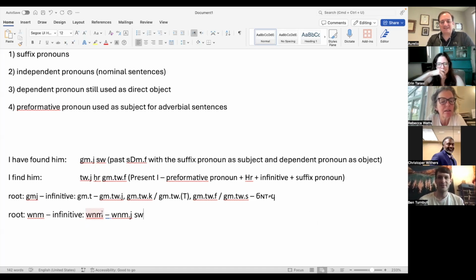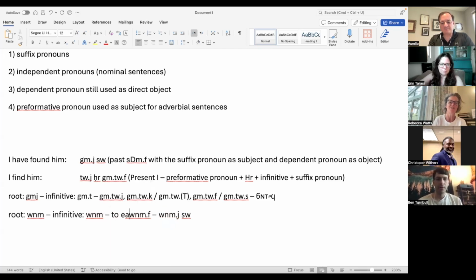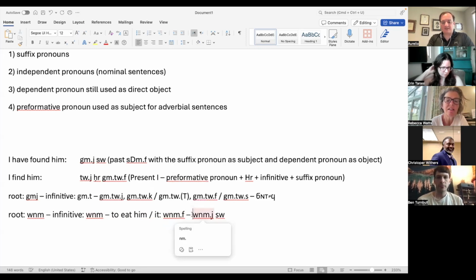So the infinitive would be wenem. If you wanted to say with the infinitive to eat him or it, it would be wenameth. But in a sentence, wenemi su, I eat it or him, in this case with a dependent pronoun. Oh, this is for late Egyptian, yes, you're correct.